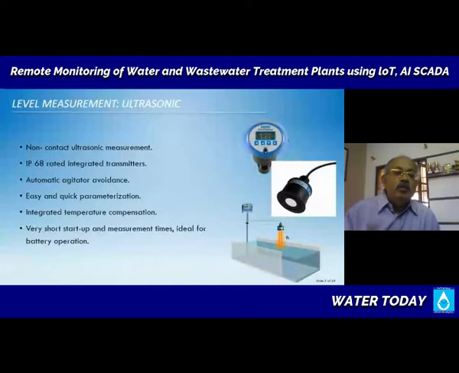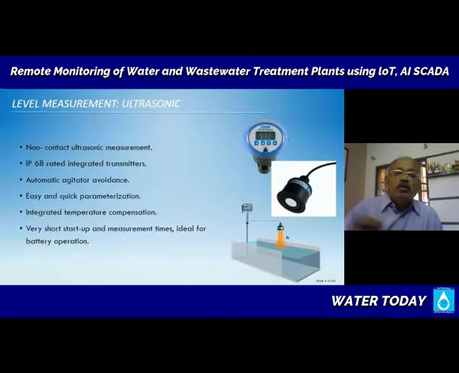You have an IP55 panel. 55 means you allow some fine particles, dust and all, can make way. Such a panel will have an air filter of some description installed. So it will try to keep the dust away, but there could be an element of fine dust that goes into the panel. This is itself a subject, so we will not go into all the details, but suffice it to say that IP rating is an important aspect for looking at instrumentation.